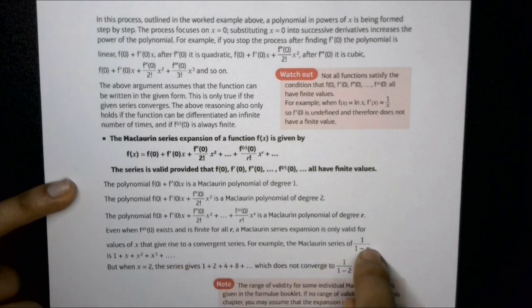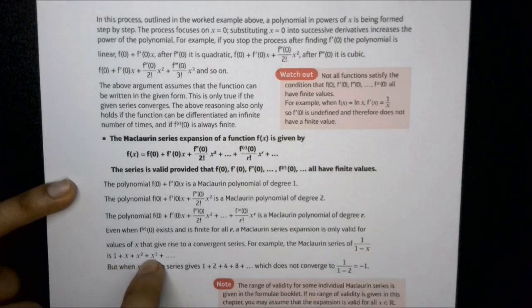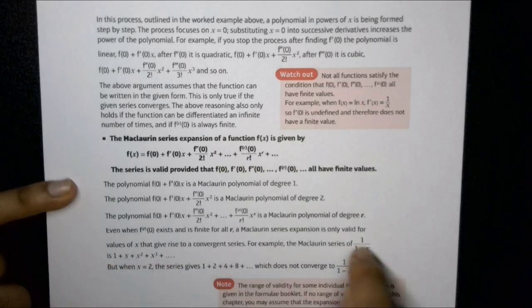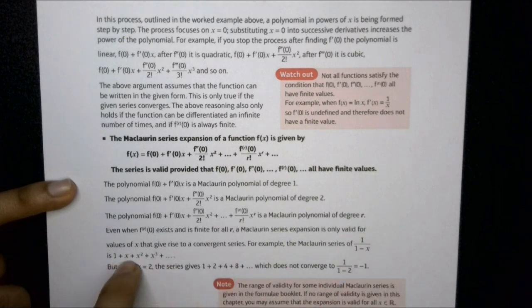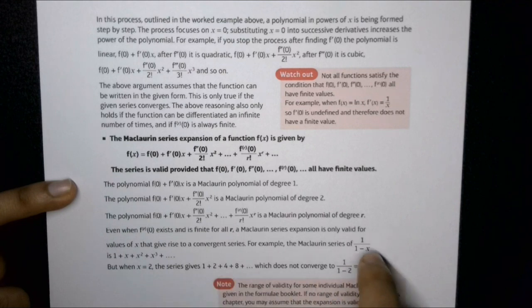So if we take a look at the Maclaurin series for 1 over 1 minus x, you'd find this to be 1 plus x plus x squared plus x cubed, etc. Now if we substitute in x equals 2 into this result, on the right hand side we have 1 plus 2 plus 2 squared plus 2 cubed, etc. So we have 1 plus 2 plus 4 plus 8. And this will not converge to the result when we substitute in x equals 2 into the left hand side, 1 over 1 minus 2, which is minus 1.